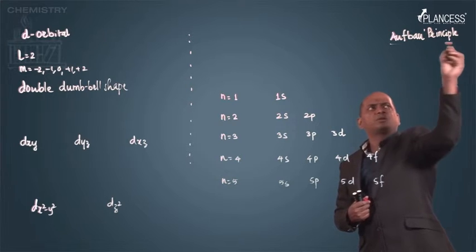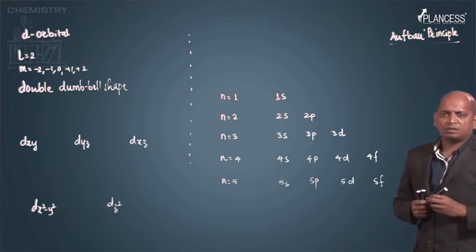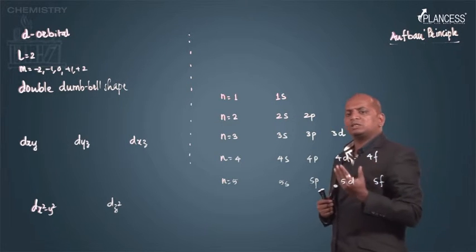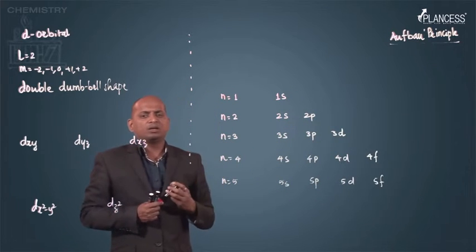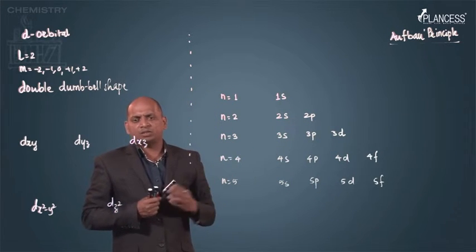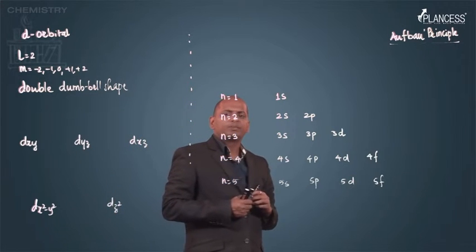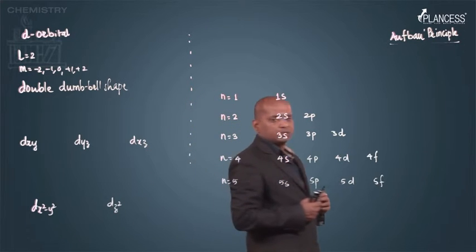Aufbau is a German word which means building up. What do we mean by that? The electrons are added from lower energy orbital to higher energy orbital.